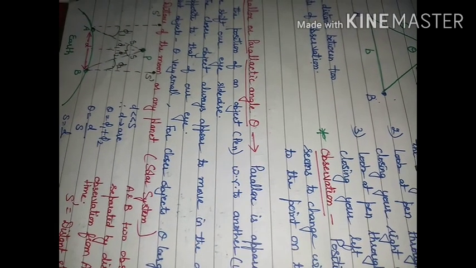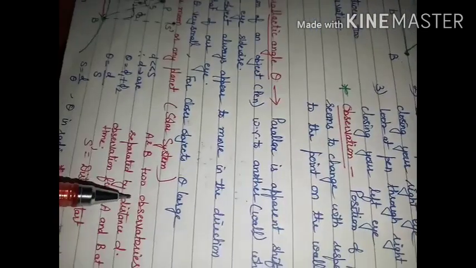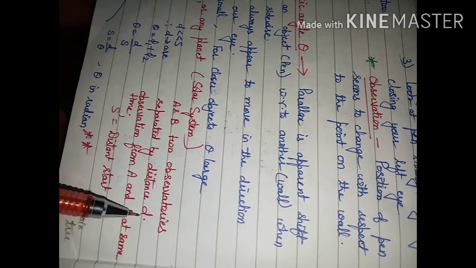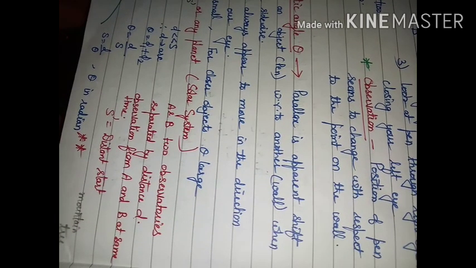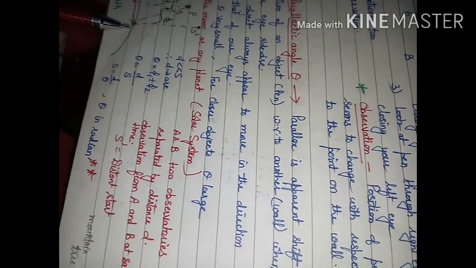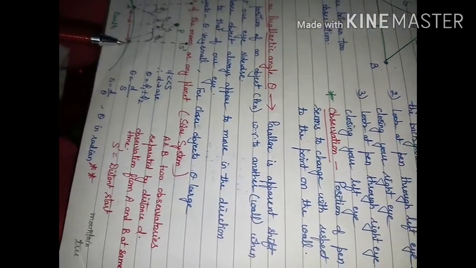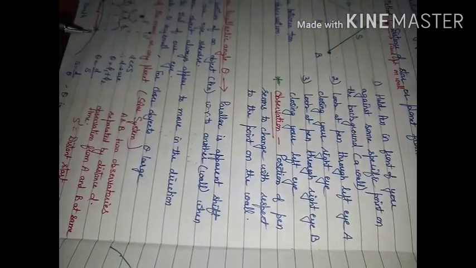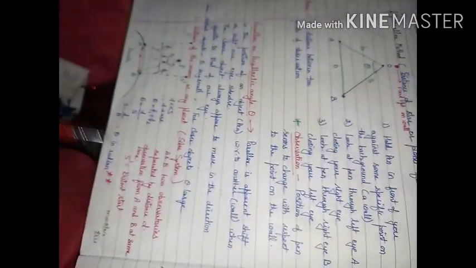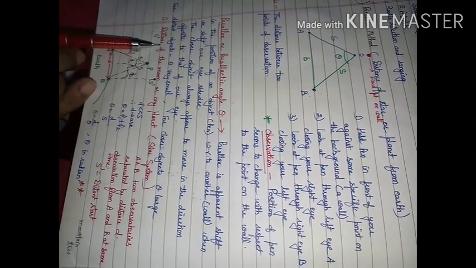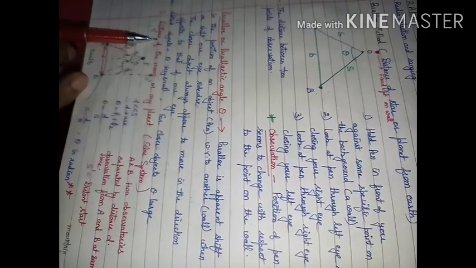I am repeating the whole thing. A and B are two observatories separated by distance d on the surface of Earth, where we have fixed two telescopes. Now observation from A and B is taken at the same time by two different persons. First, the telescope will be focused on a distant star at a very large distance.